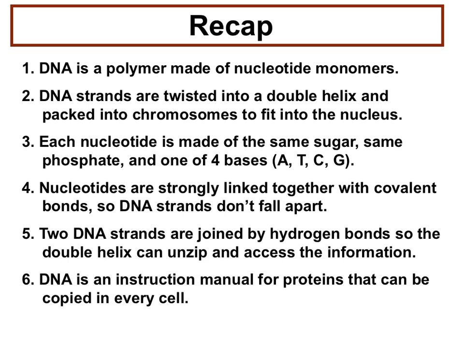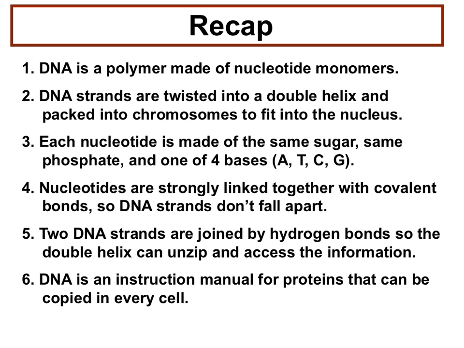Each nucleotide is made up of the same sugar and the same phosphate, and the third part of the nucleotide is going to be one of 4 bases: adenine, thymine, cytosine, or guanine.